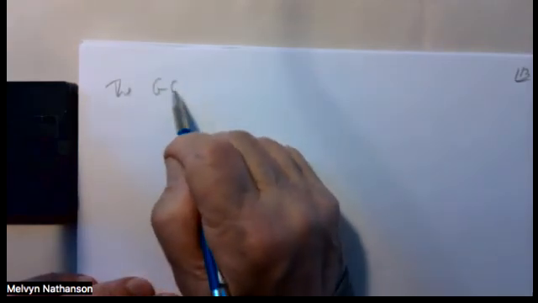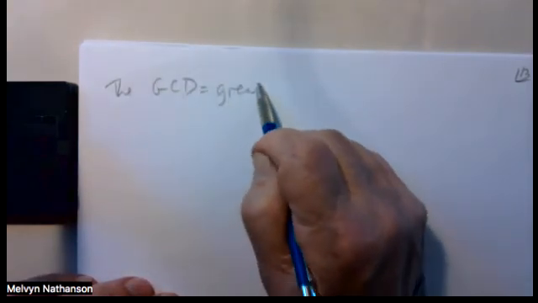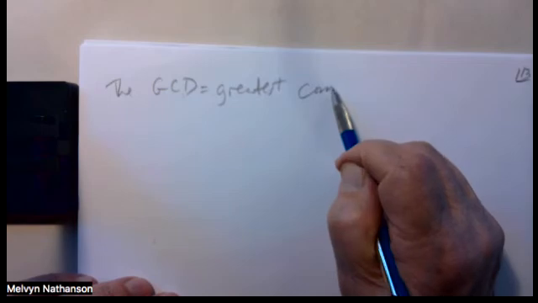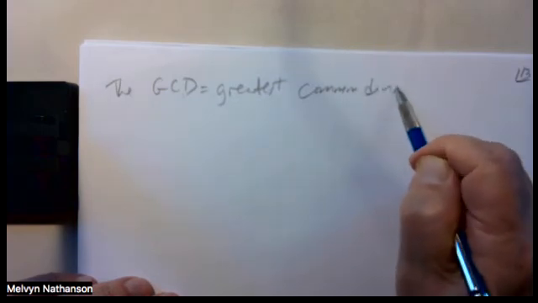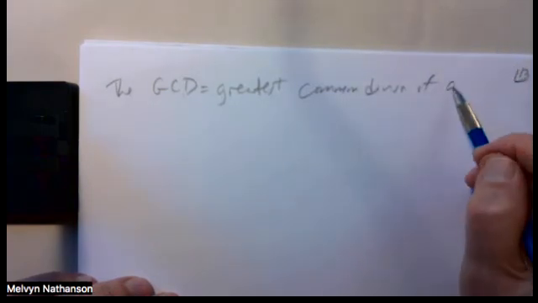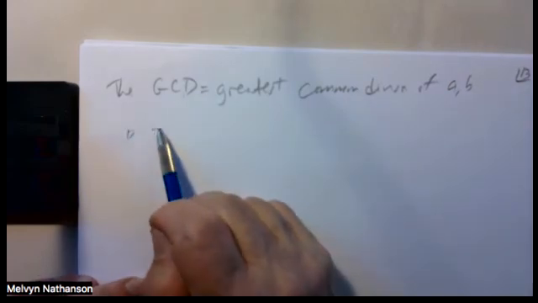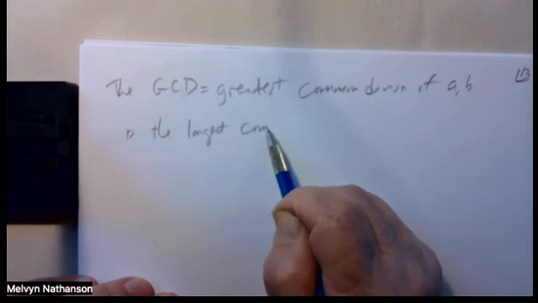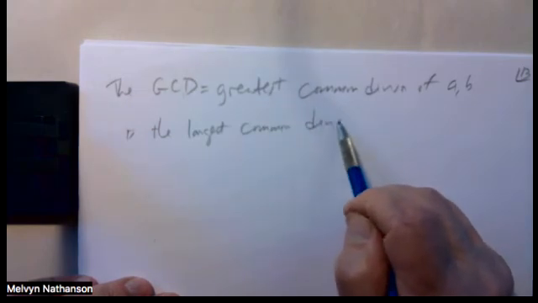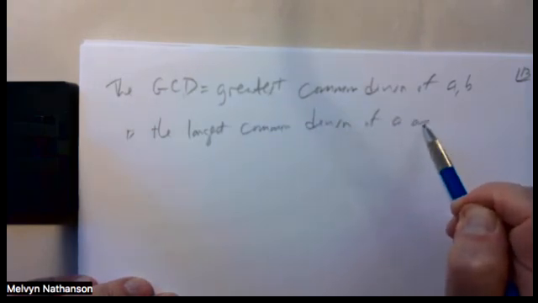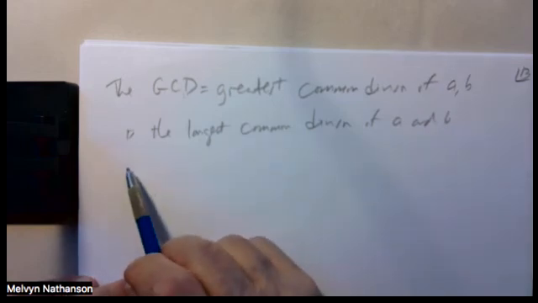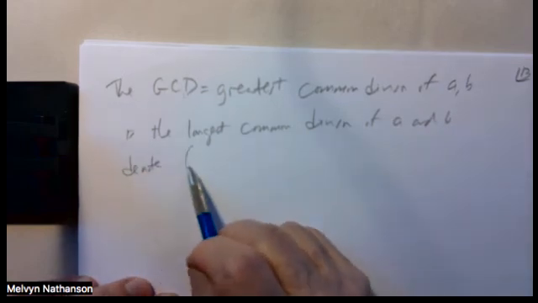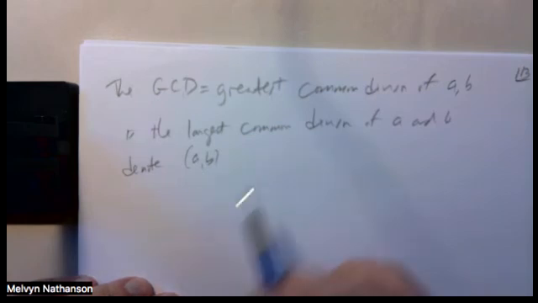So the GCD, which stands for greatest common divisor, of integers A and B, is simply the largest common divisor of A and B. And it's denoted by A, B in parentheses.